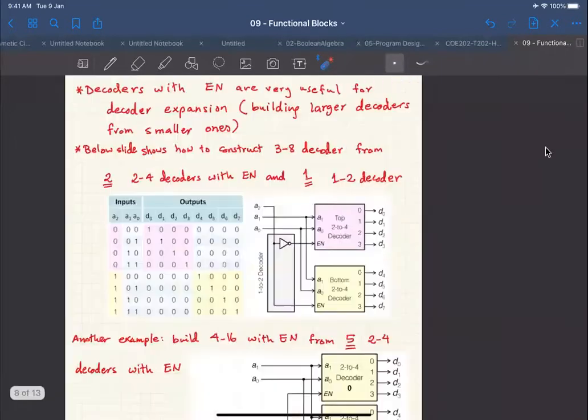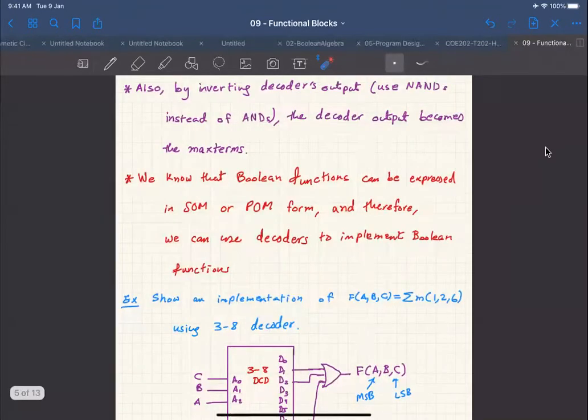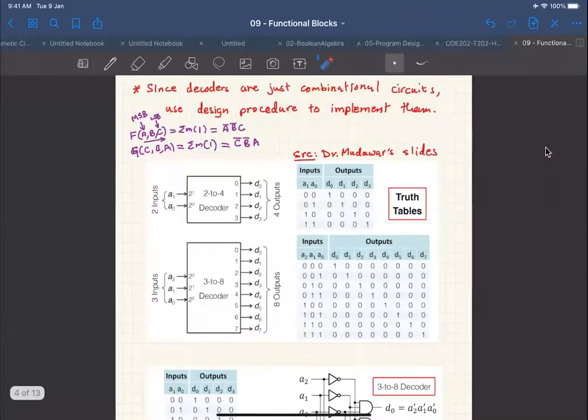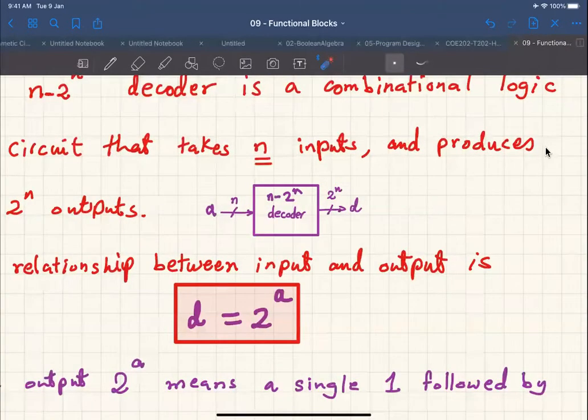Last lecture we discussed decoders, and we said that they are the first functional units that we are going to discuss. A decoder is a combinational circuit that takes n inputs and produces 2 to the n outputs.